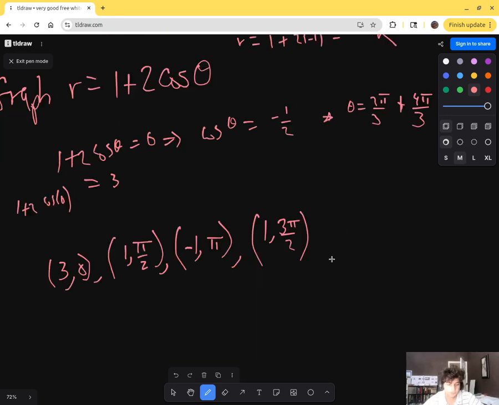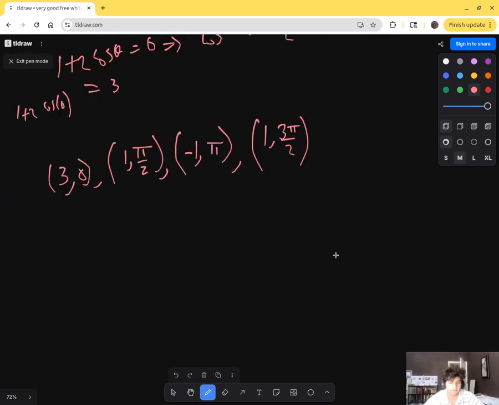So now we can graph this. So there's a point at the outer loop, 3 comma 0, right here. 1 comma pi over 2, so that's the top of that little inner loop.